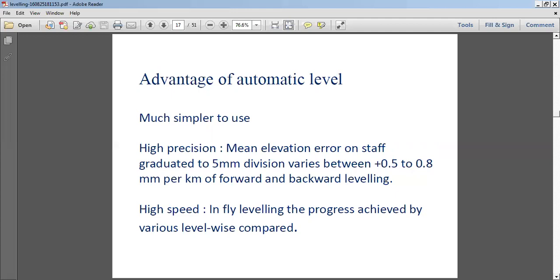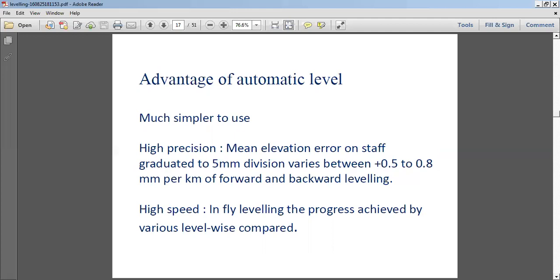High speed. In fly leveling, progress can be achieved by various levels. Fly leveling is basically used when we need to transfer the level from one point to another point. We only use the backside and foresight readings, with no intermediate readings. We are taking the backside and foresight readings from long distances.